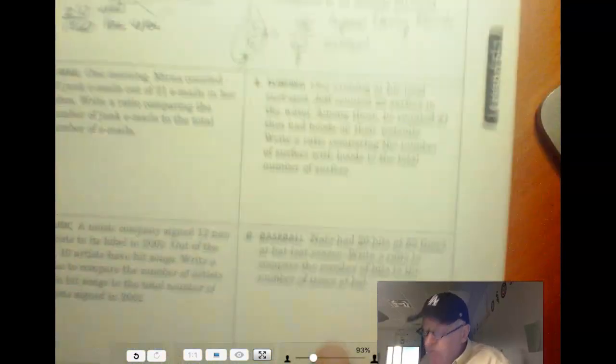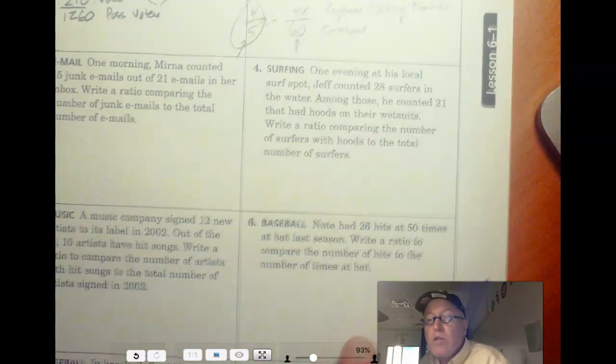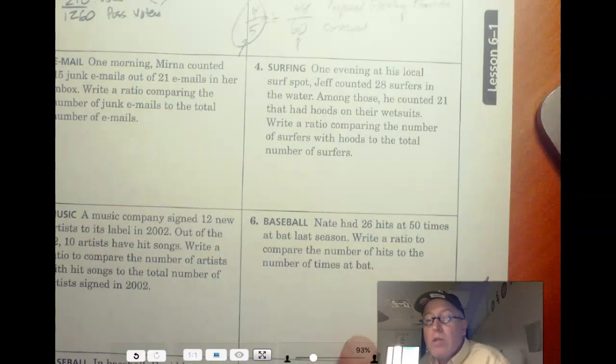Let's try this one down here about surfing. One evening at his local surf spot, Jeff counted 28 surfers in the water. Among those, he counted 21 that had hoods on their wetsuits. Write a ratio comparing the number of surfers with hoods to the total number of surfers.